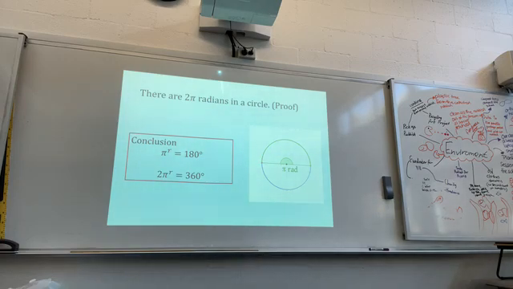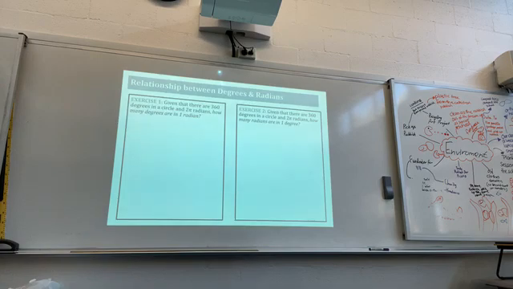Now, can we think about the relationship between degrees and radians? Given that there are 360 degrees in a circle and 2 pi radians, how many degrees are there in 1 radian? Can you work that out?